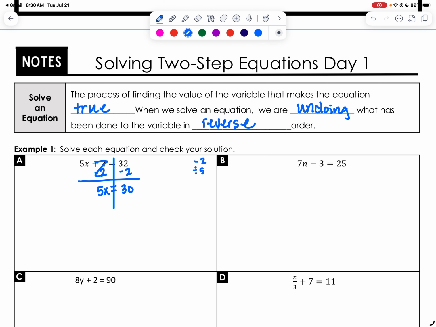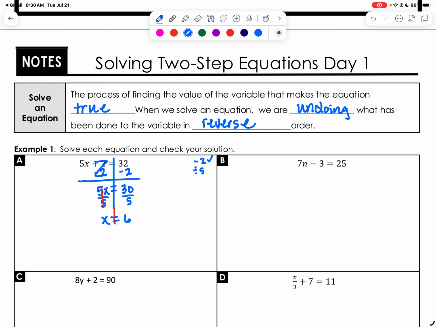Now we need to divide by 5. So we'll divide this side by 5 and this side by 5. 5 divided by 5 cancels to 1, so we're left with 1x, or just x, equals 30 divided by 5, which is 6.